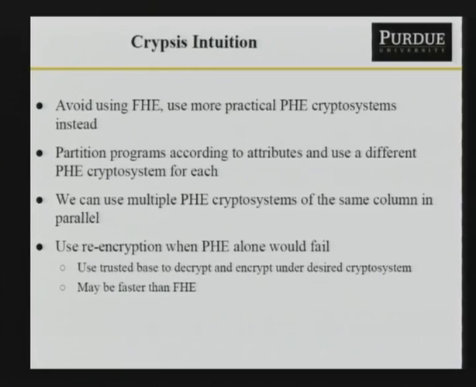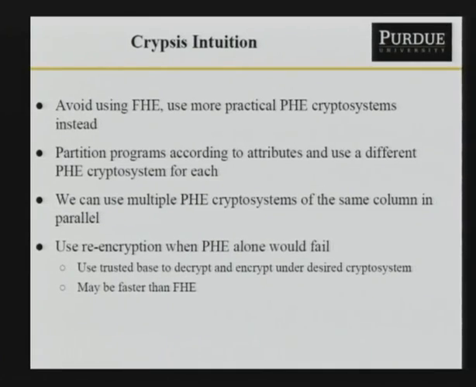So you identify those data paths, and you encrypt your data under that scheme that supports that operation. And on top of that, you can encrypt your data under multiple encryption schemes. So if you don't have conflicting operations, you can support multiple operations as long as the computation is separate.